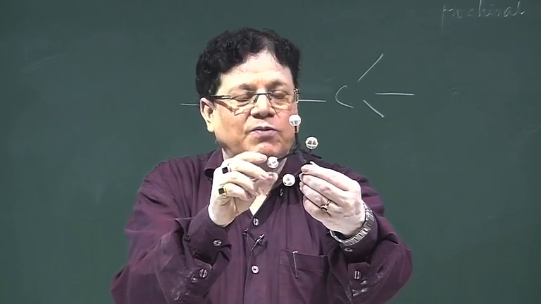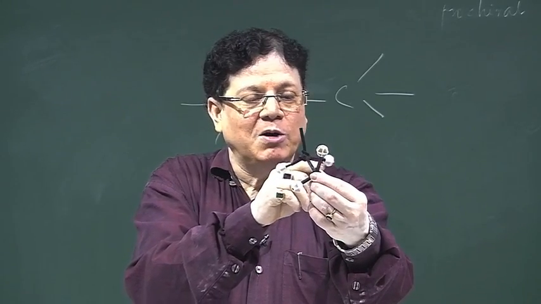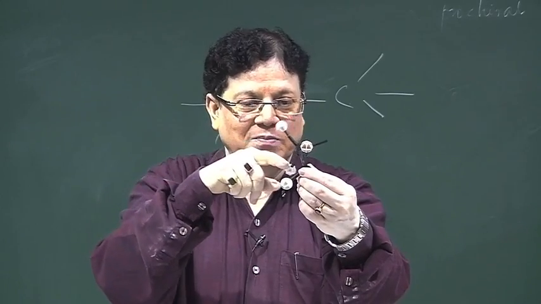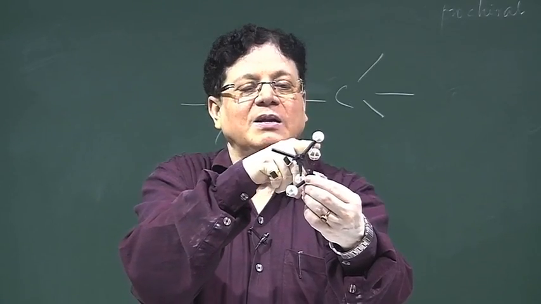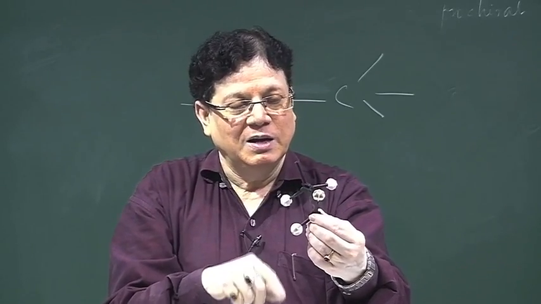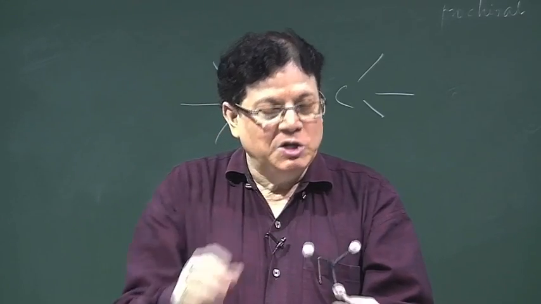As I rotate it, first of all, I have an infinite number of possible arrangements in space, where the dihedral angle varies from 0 to 360 degrees. So, I have an infinite number of possible geometries.